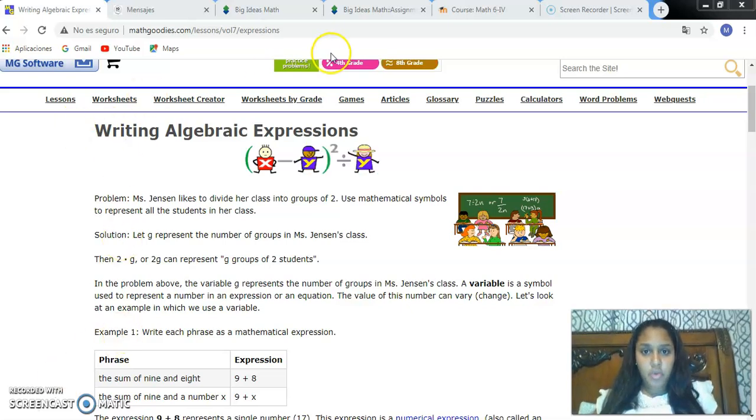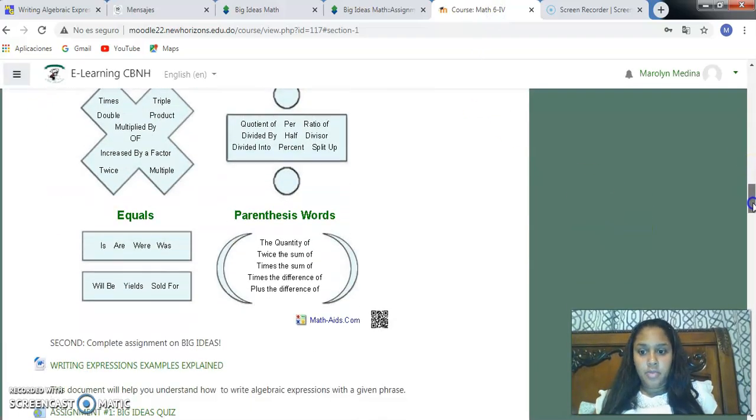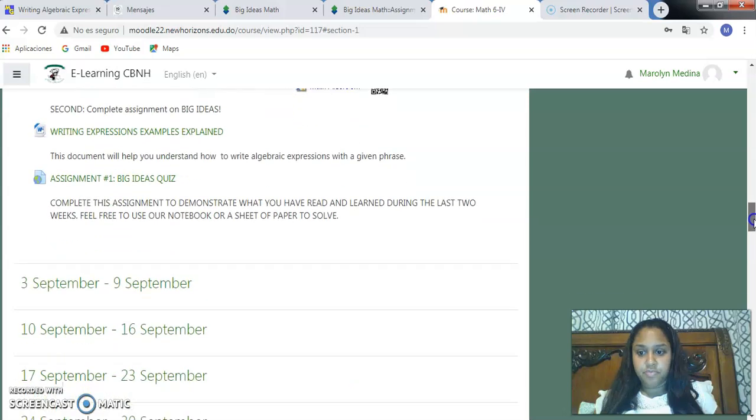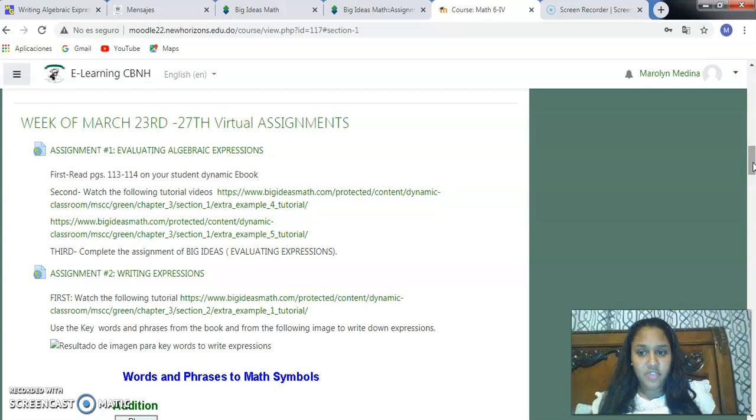So the first thing I'm going to go over are the assignments that you need to turn in during this week, which are the following. First, you have an assignment of evaluating algebraic expressions after you read some pages and watch a video.